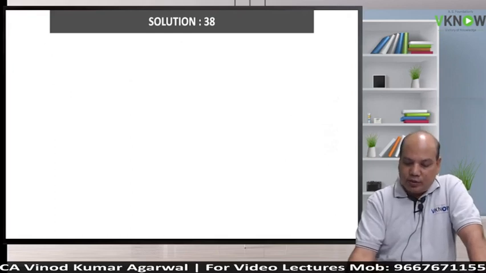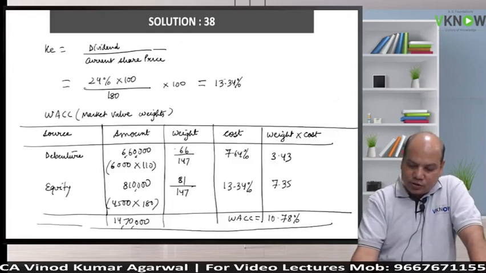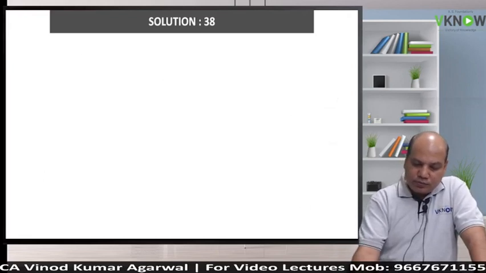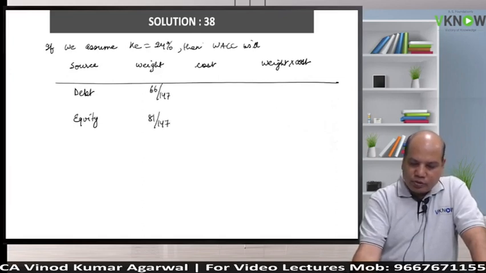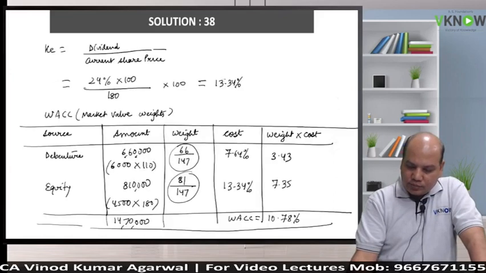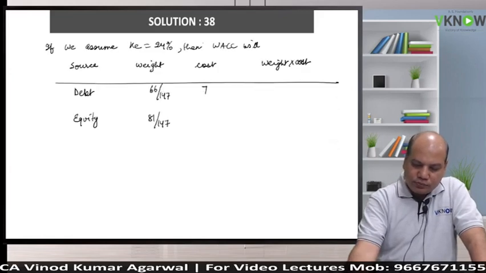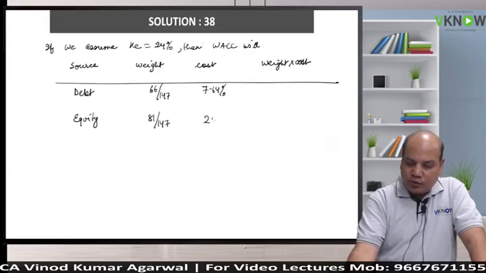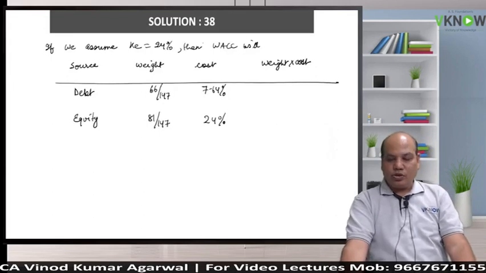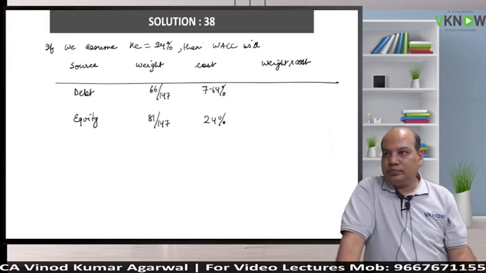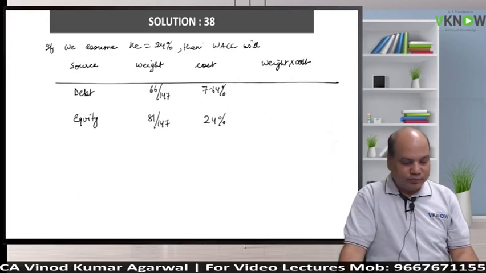What will be the weight? Weight will be same. Weight will not change. 66 by 147, 81 by 147. Cost of debt will take same 7.64, but cost of equity we will take now 24. This we are changing. So this is the second interpretation. Multiply.